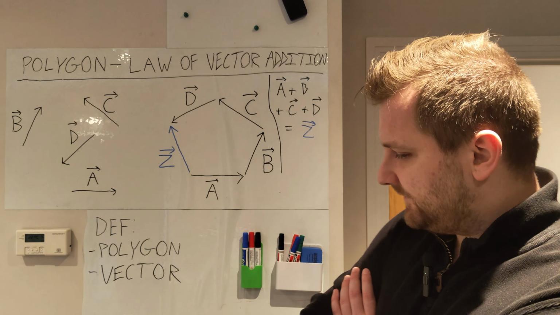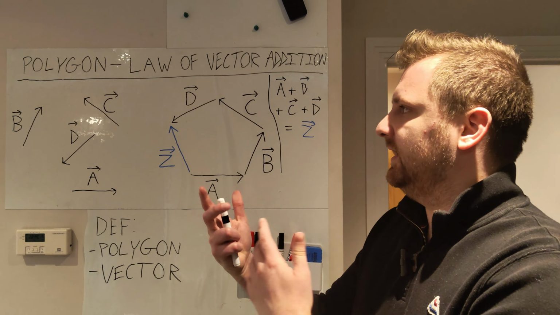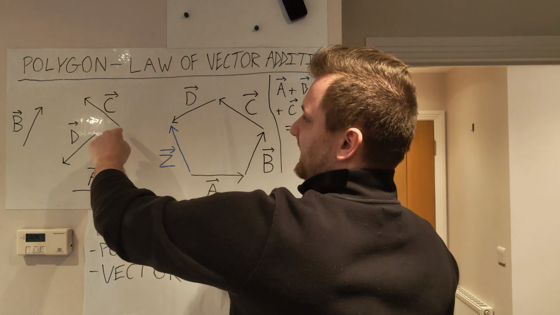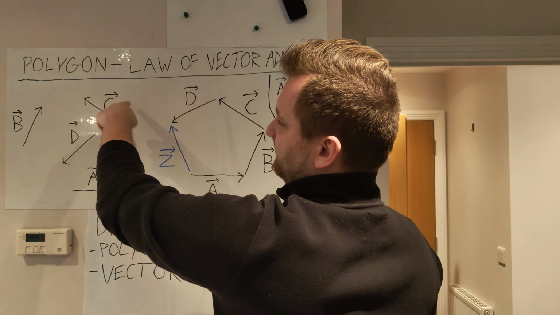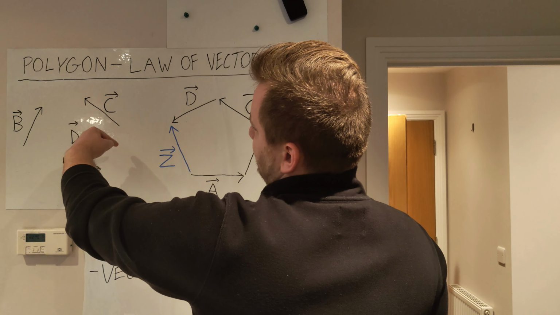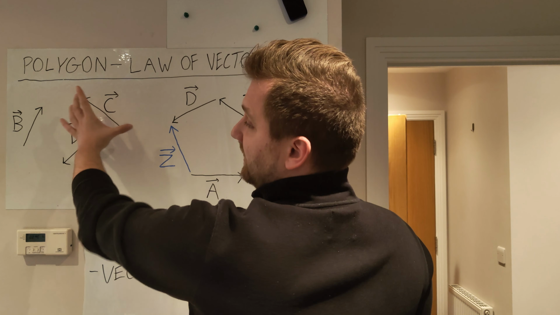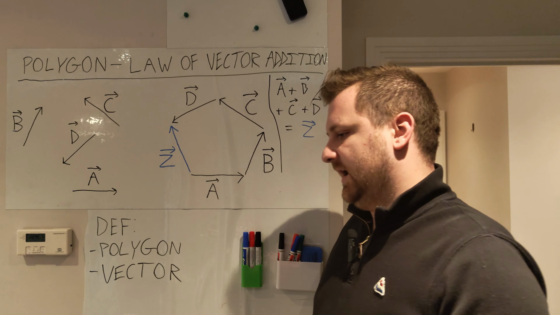Now a vector is direction and magnitude. So one of these is a vector, and you write it like this with the line above it. C is going in this direction with this much magnitude.